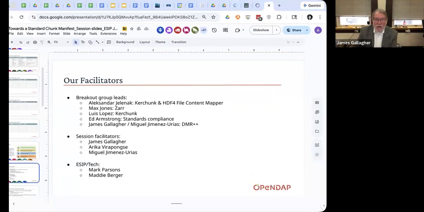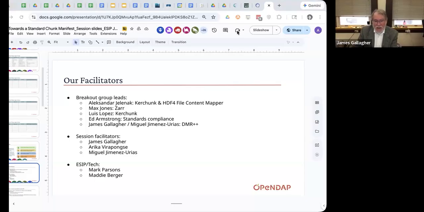Max Jones is here from Development Seed. He has a lot of experience with Zarr, and all of these people have experience in many other things, but we're just going with the short answers now. Luis Lopez has experience with Kerchunk and virtual Zarr. Ed Armstrong, standards compliance. Myself and Miguel Jimenez have experience with DMR++.